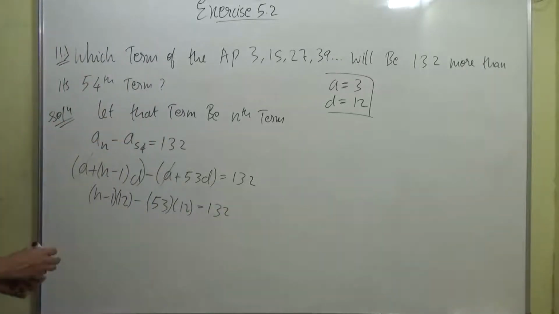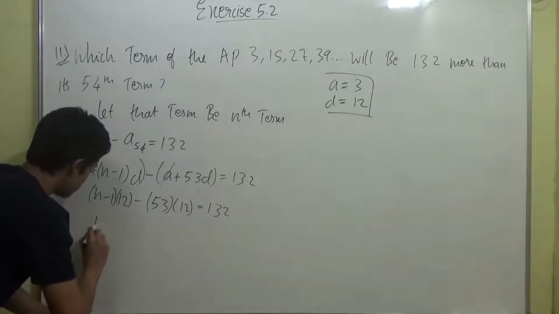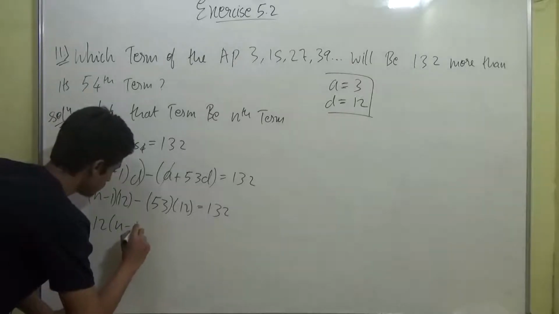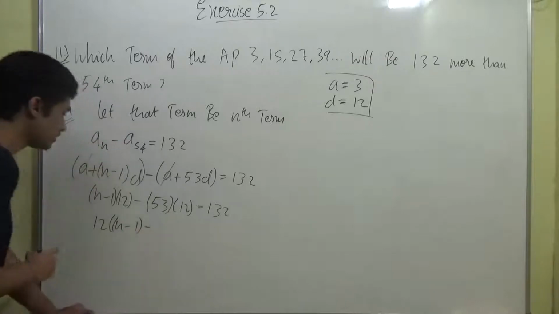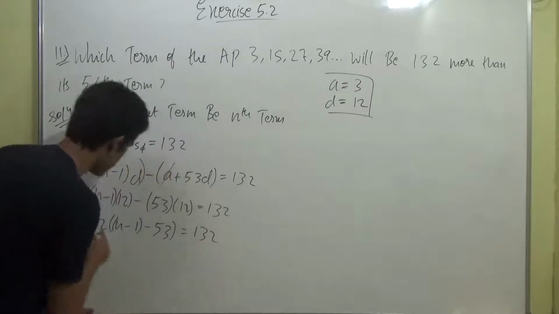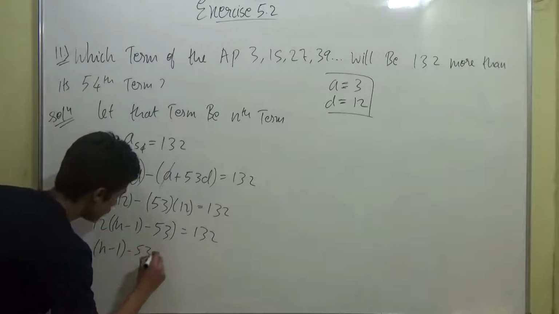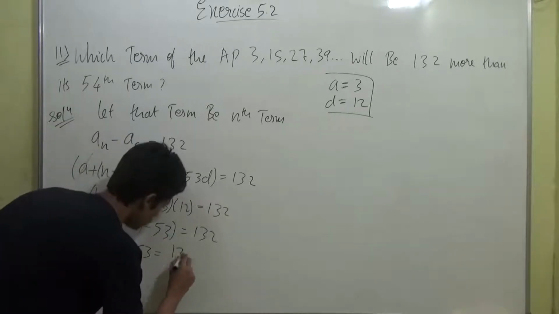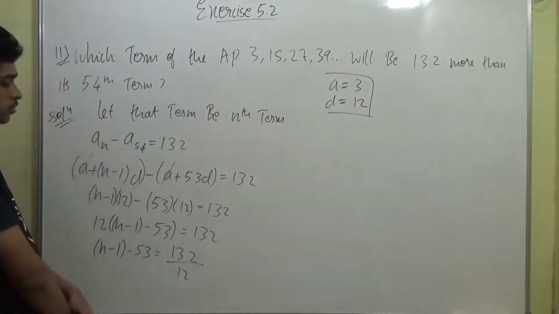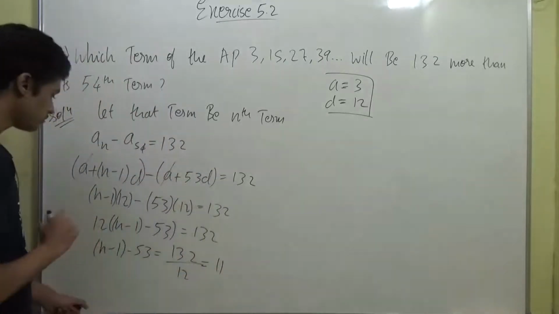Now we'll take 12 in common: 12 into (n minus 1 minus 53) equal to 132. So 12 will come down, and n minus 1 minus 53 will become equal to 132 by 12. 132 by 12 is nothing but 11, because 12 into 11 is 132.